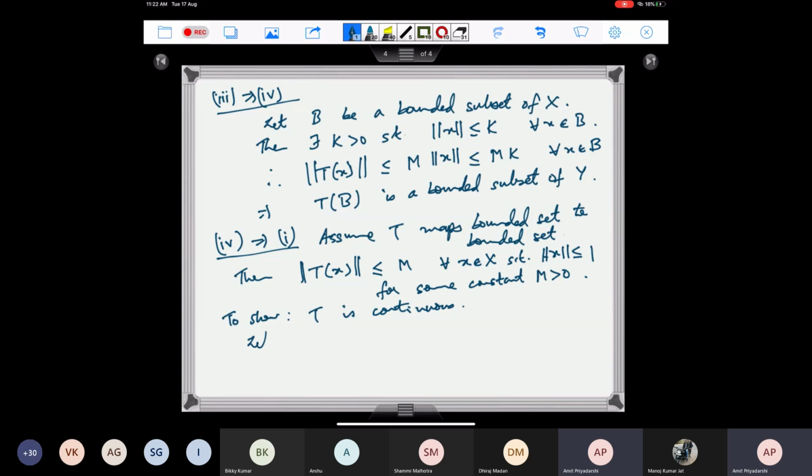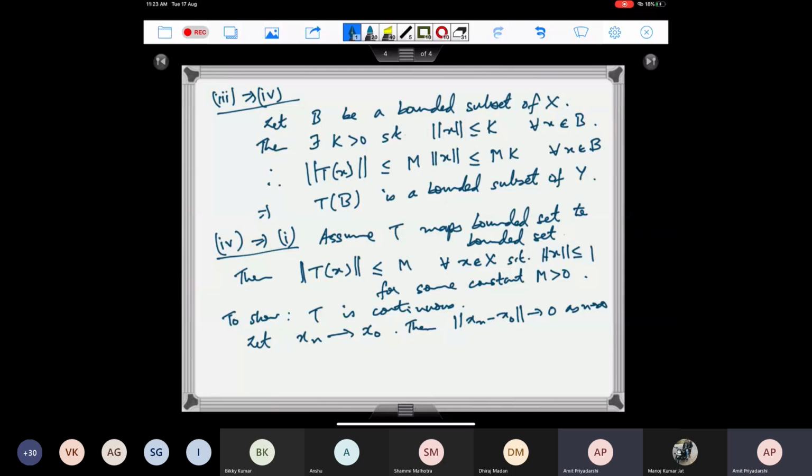Suppose xn is a sequence in X converging to some x naught, then this means that norm of xn minus x naught goes to 0 as n goes to infinity. What we have to show is that T of xn converges to T of x naught. That means norm of Txn minus Tx naught goes to 0.